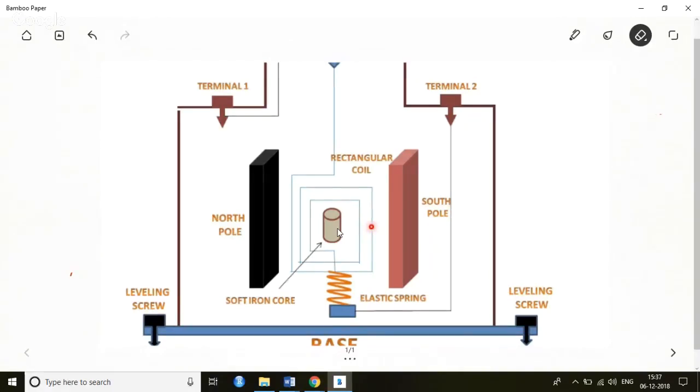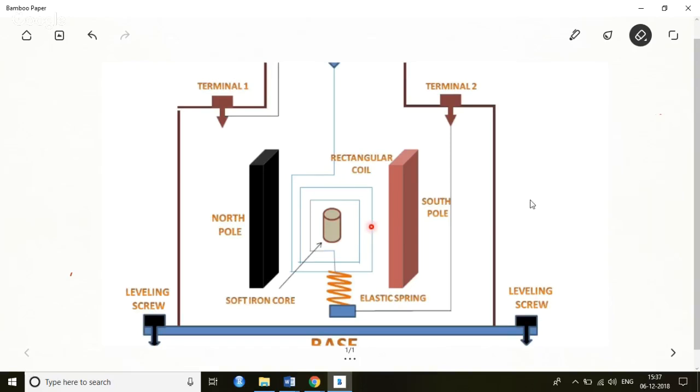What happens here is that whenever an external magnetic field is there and a current is applied, the conductor will feel a force which is I L cross B. Now what do I mean by radial magnetic field?